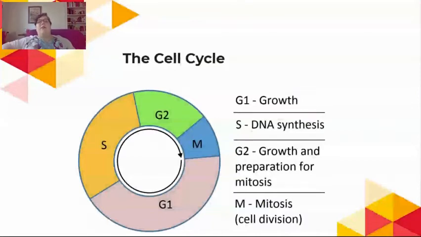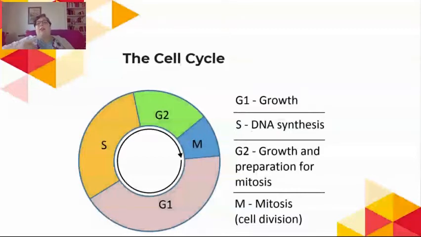So it spends some time just growing and getting bigger. And eventually, it gets big enough that some chemical signals are set off, and the cell moves into S phase, which is when the cell makes a complete copy of its DNA. So that's when the DNA replication that we talked about last week happens.